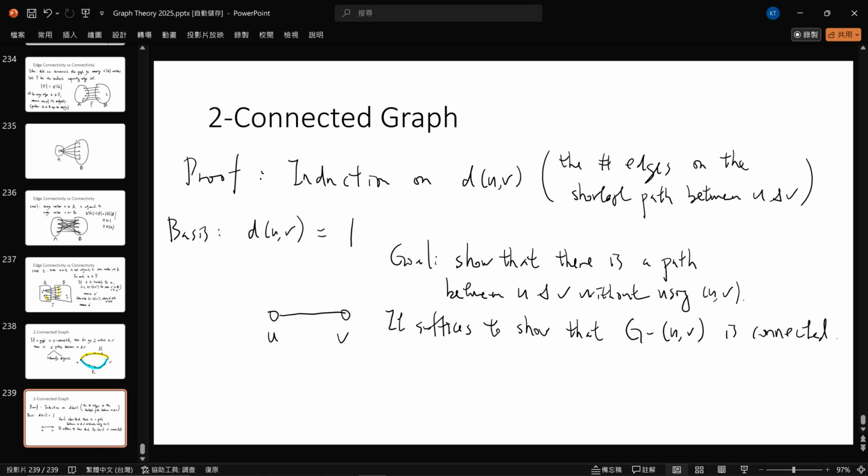But two connected considers vertices. Okay, so it means if you only remove one vertex, the graph is still connected. But this time we remove an edge, not a vertex. But you're right, we should use the property, or the assumption, that kappa G is at least 2.